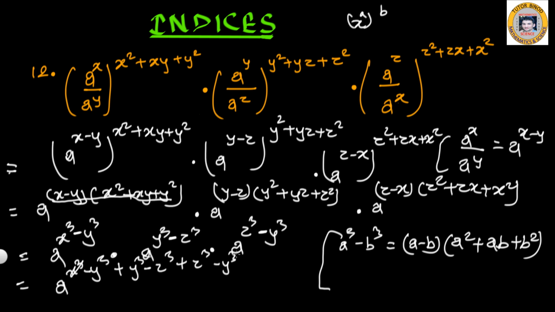My x cube will be cancelled out with, oh, I'm sorry, this is x cube. So the x cube term is gone, the z cube term is gone, and the y cube is gone. So a raised to the power 0, anything raised to the power 0 is 1. So our answer is 1.